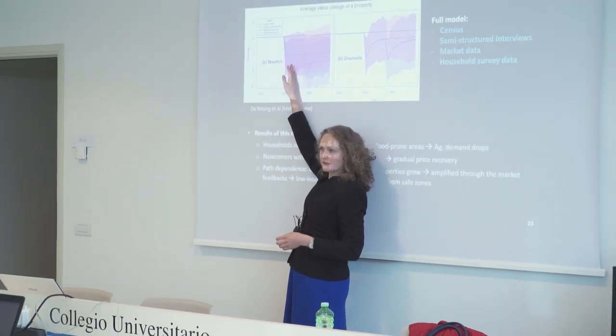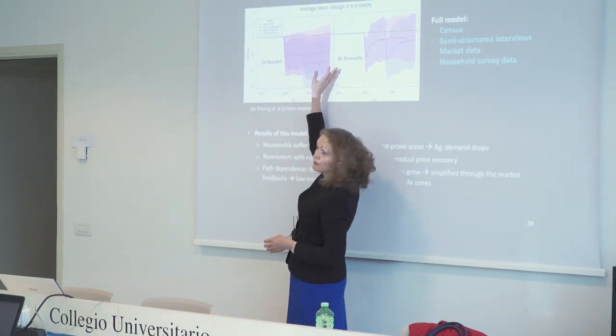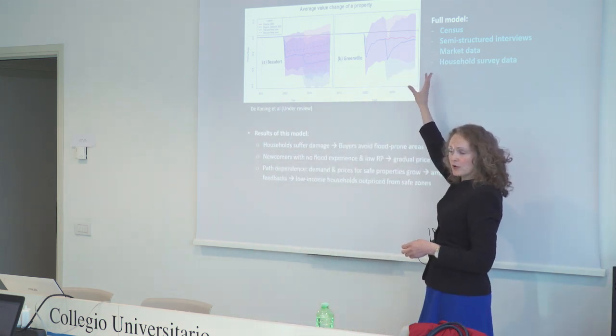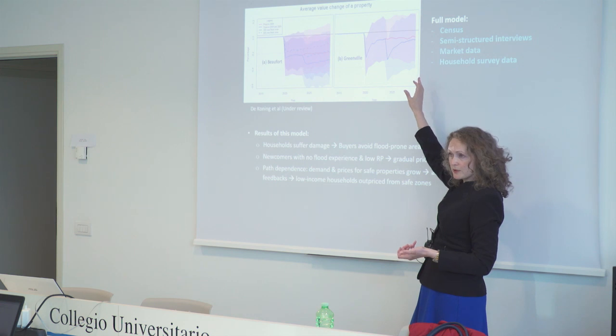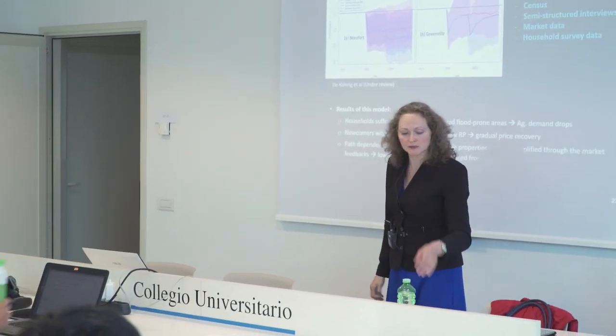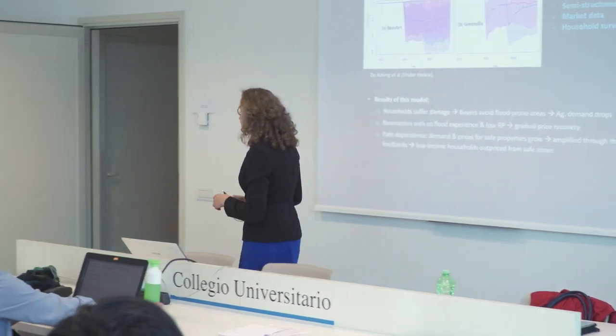After the second flood, they did drop and wouldn't recover anymore. While in the town where the share of properties in the hazard-prone zone was rather low, they would still recover over time, right?